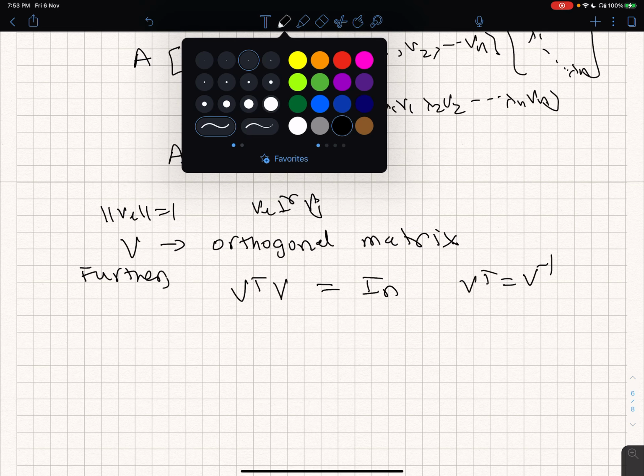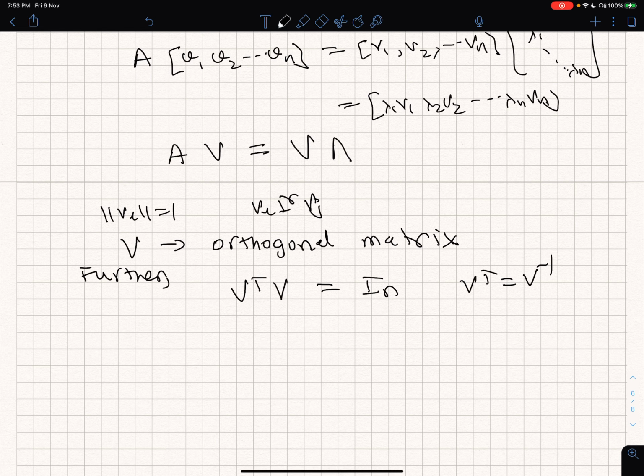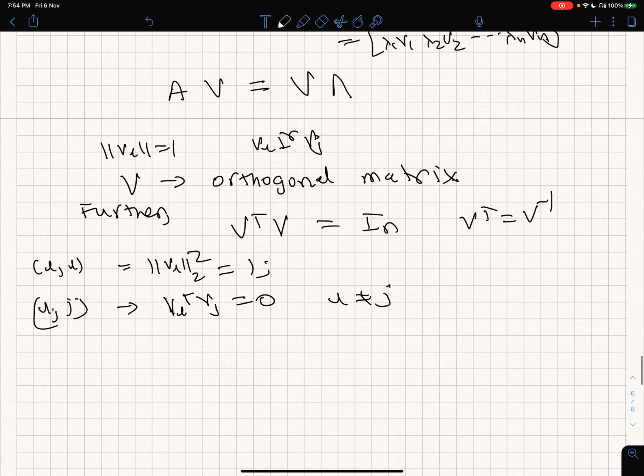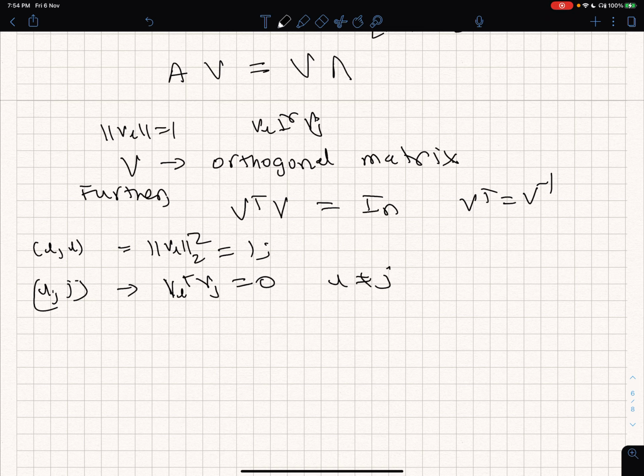Because when you look at V transpose V, I think I have done this earlier, its i comma i entry is going to be the square of the length of vi, which is 1, and its i comma j entry is going to be vi transpose vj, which is 0 when i is not equal to j. Therefore V transpose V is equal to the identity matrix, in which case we say that the transpose is essentially the inverse of this particular matrix.